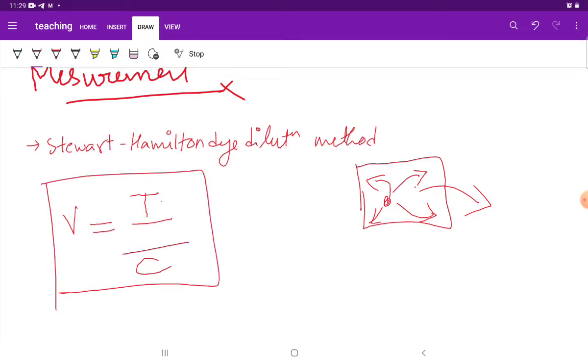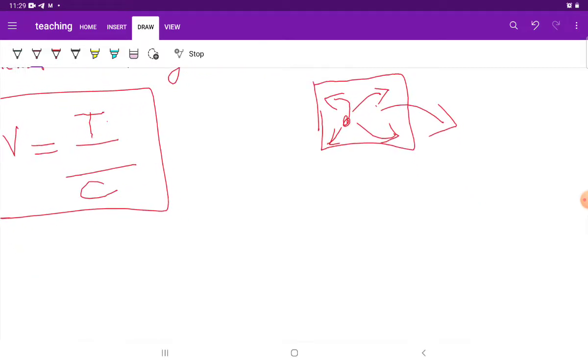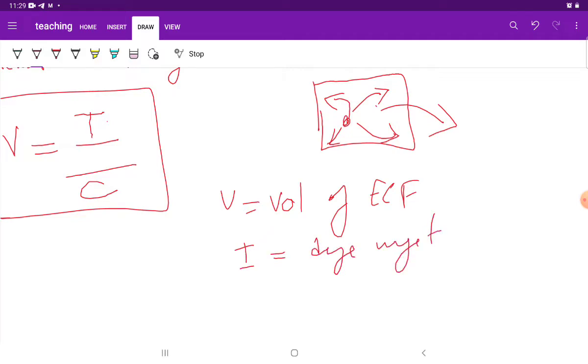So this is the formula: V equals I by C, where V is the volume of ECF, extracellular fluid, I is the dye injected and C is the concentration of the dye.